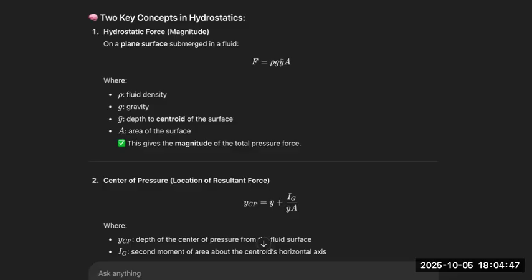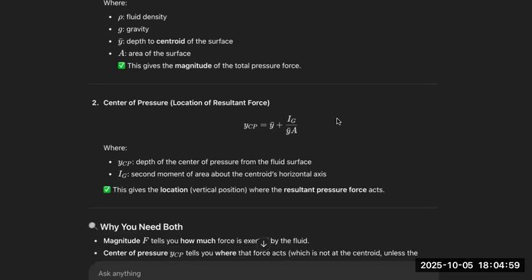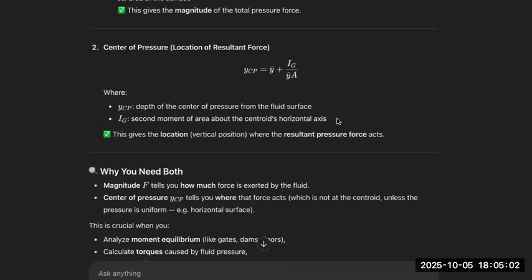However, we use the vertical projection of the area, and we also use the centroid of the vertical projection of the area. However, the center of pressure, or the location of the resultant force, is different. It's not located at the centroid of the surface. In fact, it's often located at a location lower than the centroid because of how pressure increases with depth.